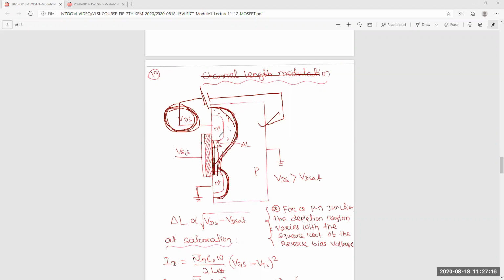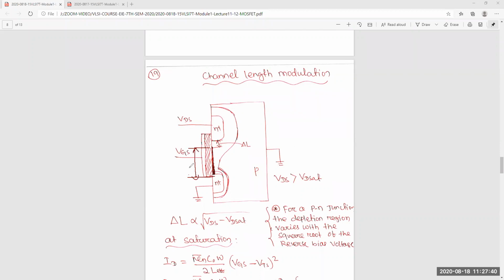Yes or no? And how it is decreasing, that also you know, because of the absence of charges, absence of inversion charge. Absence of inversion charge means there is no channel. That means the effective channel length is this in some VDS.